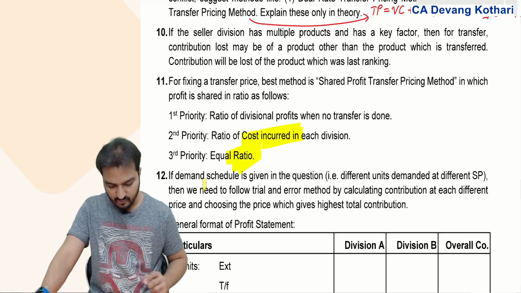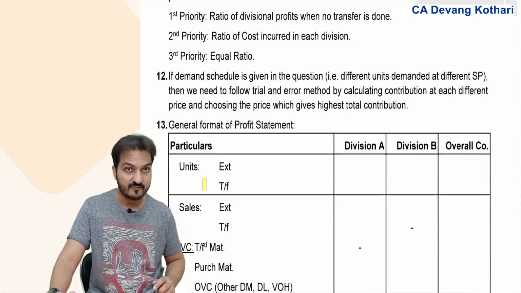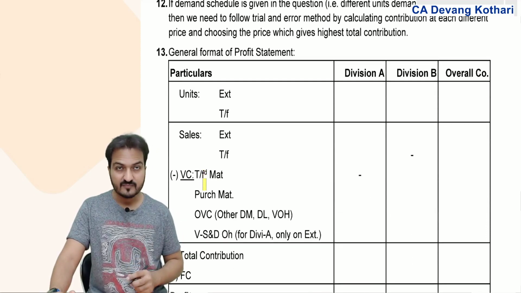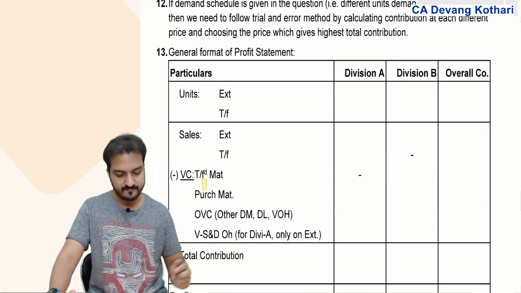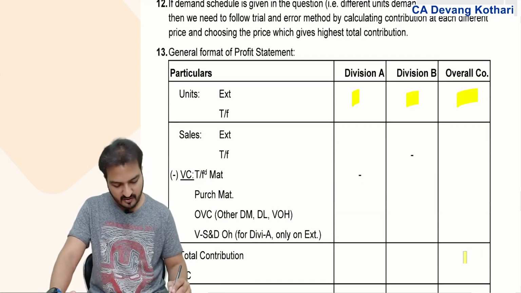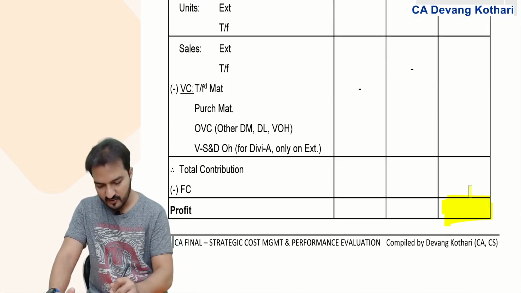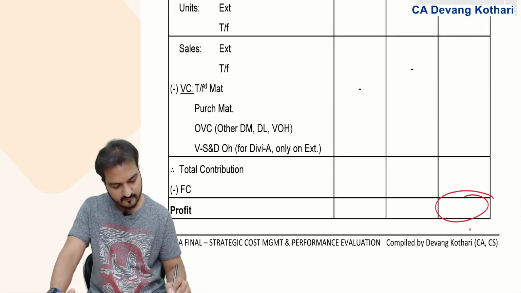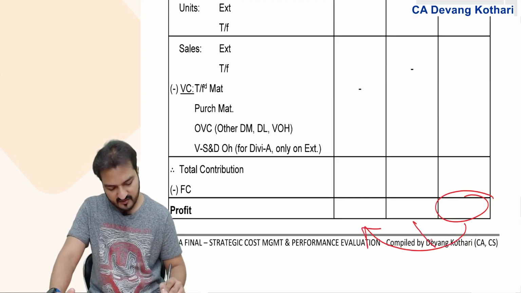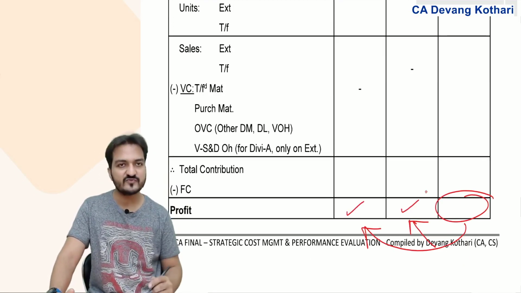Ultimately, what you have to do in the reverse cost method, in the shared profit method, is this: you make a profit statement like this: division A, division B, and overall company. Find the overall company profit here. This overall company profit, whatever you get, will be divided between division A and B according to the ratios which we decided.